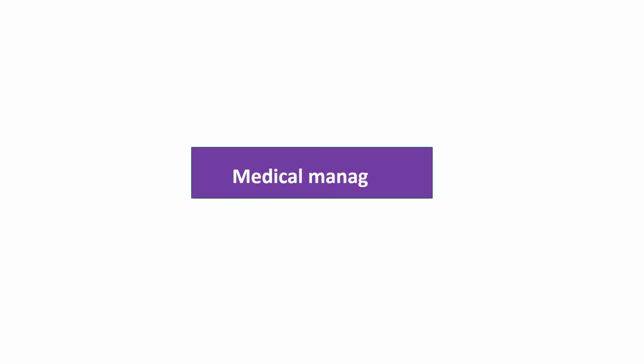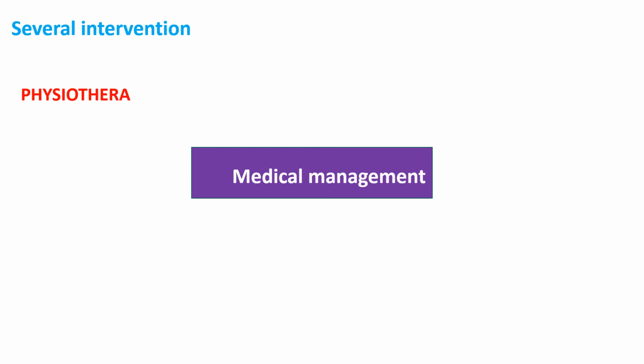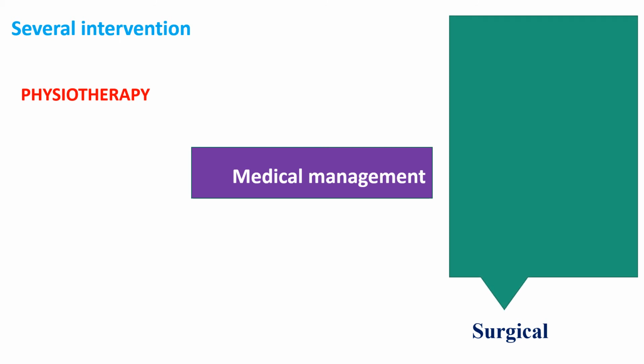Now I will tell you about the medical management. There are several intervention strategies to manage cervical radiculopathy, but physiotherapy and surgical intervention are the most common methods. Now I will tell you about the indications of surgery.